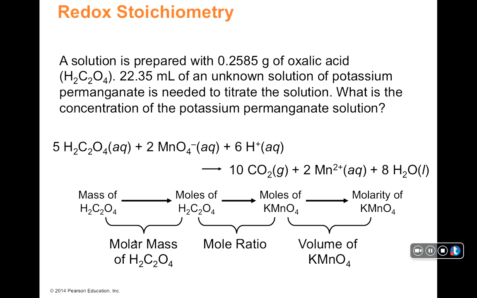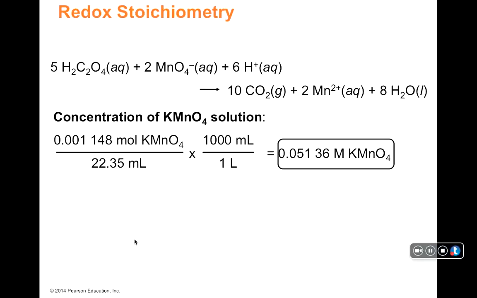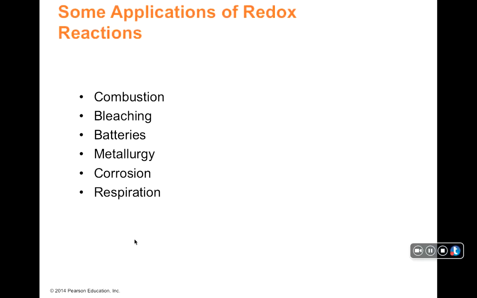And then they've given you a volume, so 22.35 milliliters. Use that to calculate the overall molarity of that KMnO4. Again, this is really just a different kind of application of the stoichiometry that we have already talked about. And so this talks through that, but I'll leave that to you to look at if you'd like.